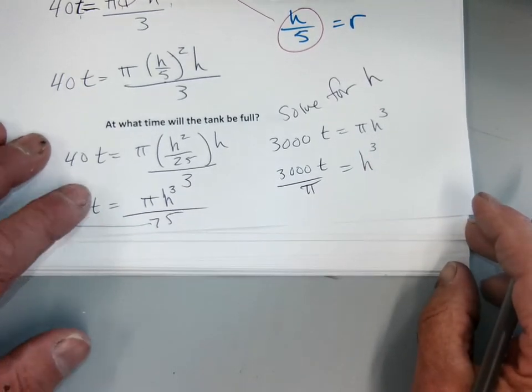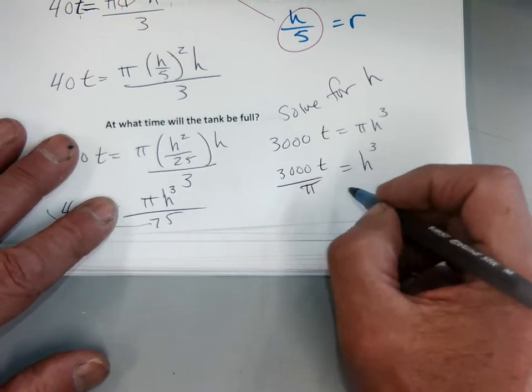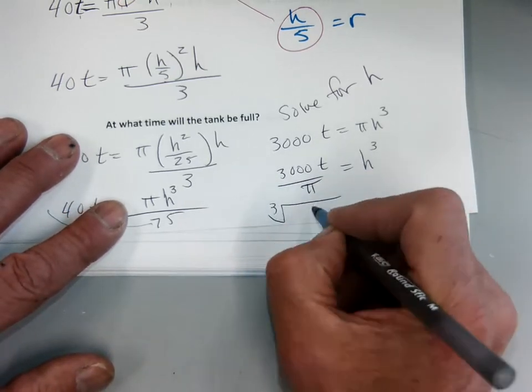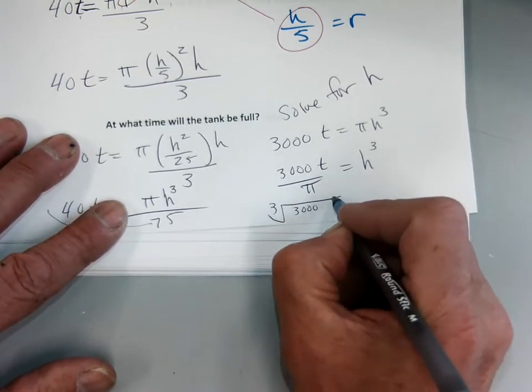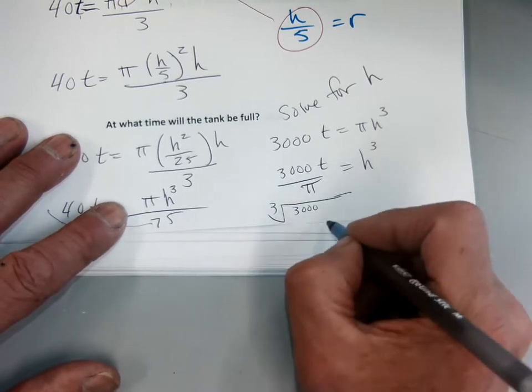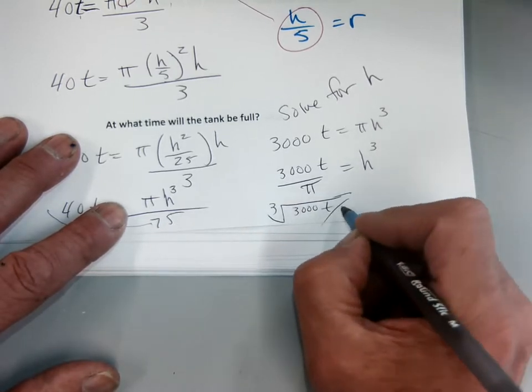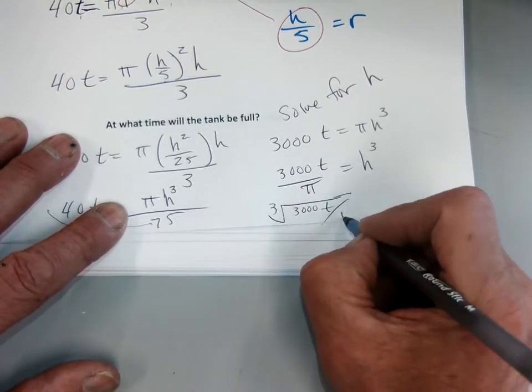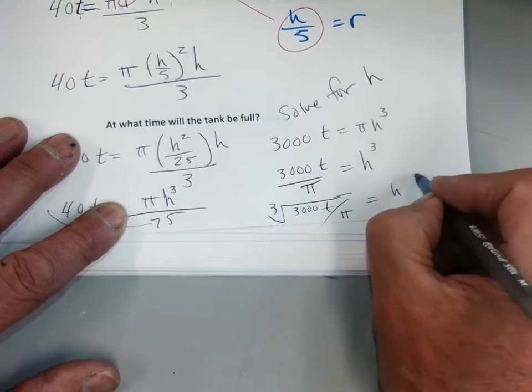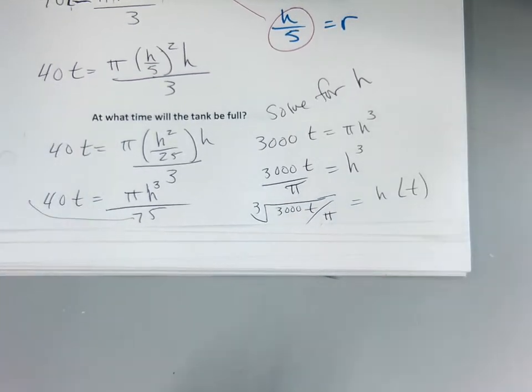Okay, and I'll cube root it. The cube root of 3000 t over pi equals h of t. So at any time, right?